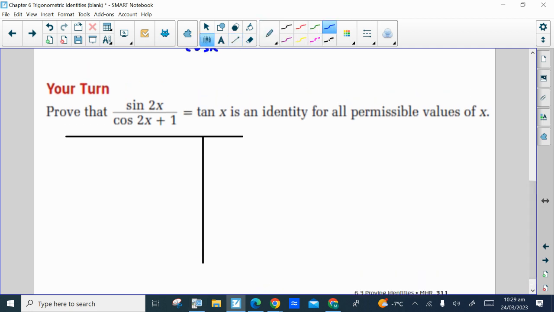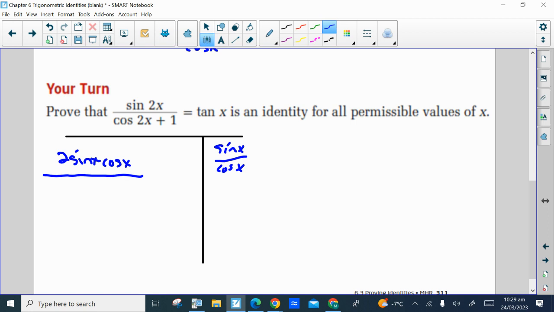You're going to use the identities that we already know to do this. So the right side is tan x, which is sine x over cos x. And on the left for sine 2x, there's only one option, 2 sine x cos x. On the bottom, though, we have those 3 options, and it doesn't matter which one we use. They will all work.